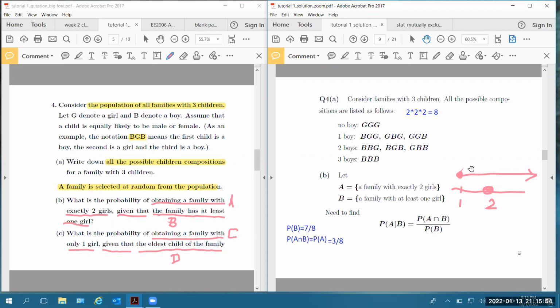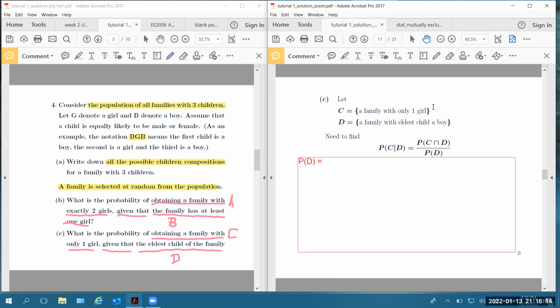So how many cases are there? 4 out of 8. Eldest child, a boy. So you just see the first one is boy. Okay, you go and count. I think you get 4 cases. All right. So you say 4 out of 8. Actually 4 out of 8 is half. So I straight away put half. Is it okay? All right.